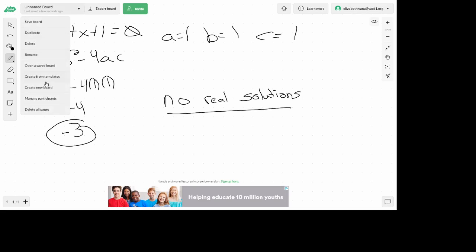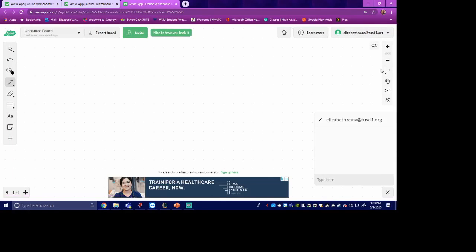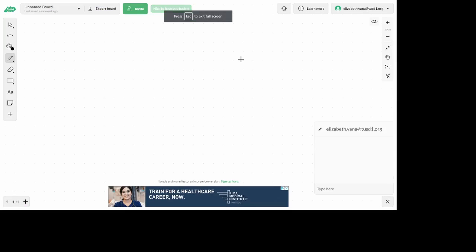And let's look at one more example. What if this time we had negative 4x plus 3 equals 2x squared.